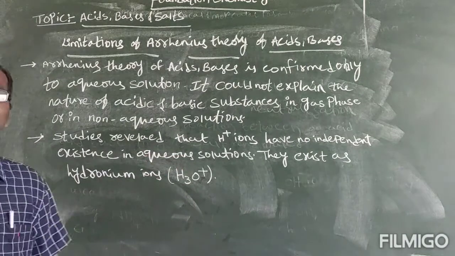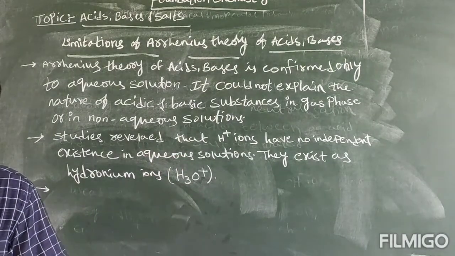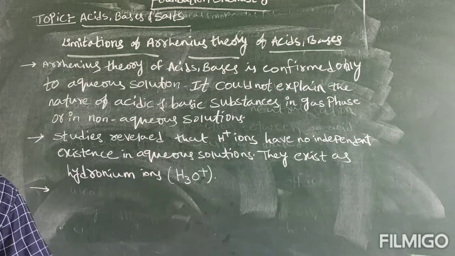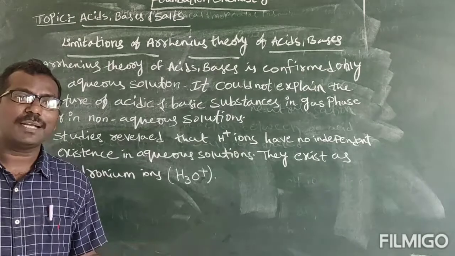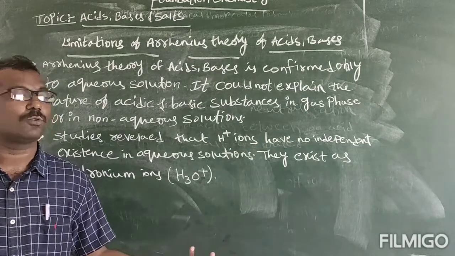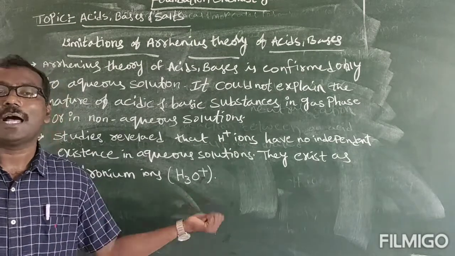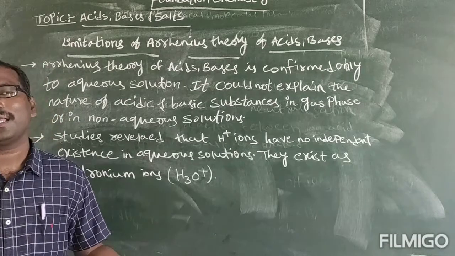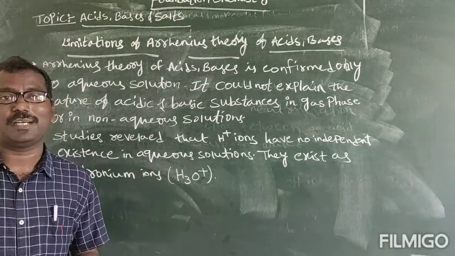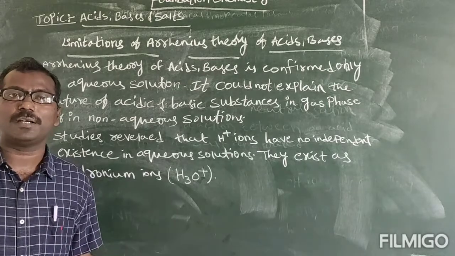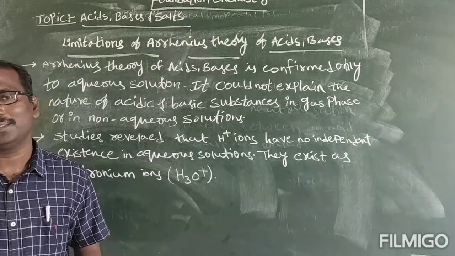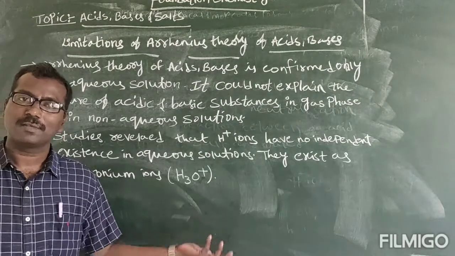Why? Non-metallic oxides when dissolved in water will give acids. So carbon dioxide is a non-metallic oxide. It has acidic nature, but it could not be explained by Arrhenius theory. And the next one is sulfur trioxide. Sulfur is a non-metal. When the non-metallic oxide of sulfur is dissolved in water, it gives acid.